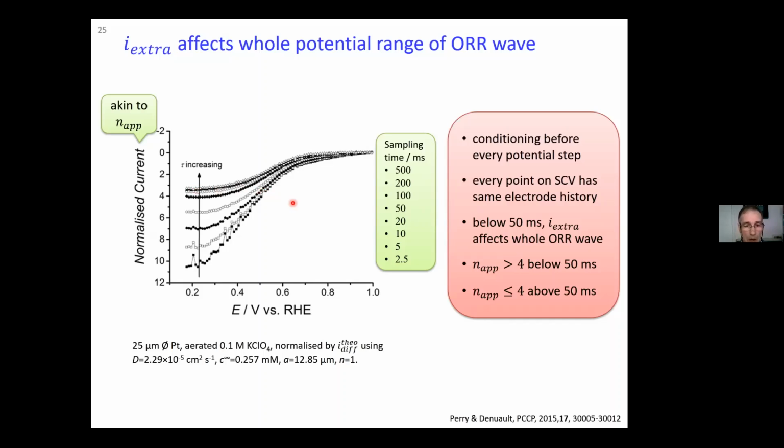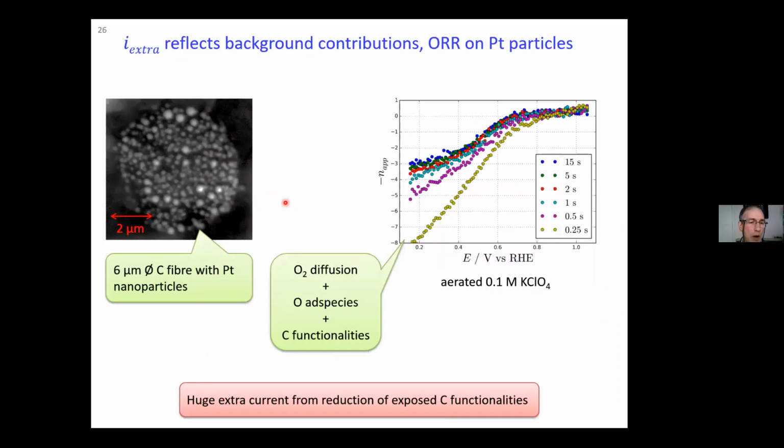So we've analyzed this, and I won't go into all the details, but I just wanted to show you when we perform these experiments on microdisc electrodes, but instead of using a normal platinum microdisc electrode, we perform the experiment with a carbon microdisc electrode, which we had coated with platinum nanoparticles.